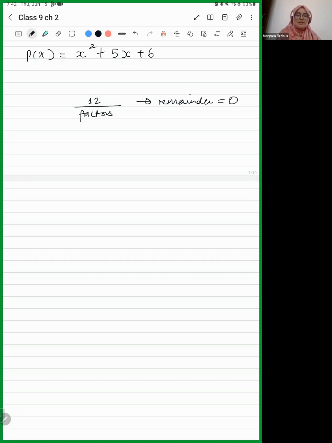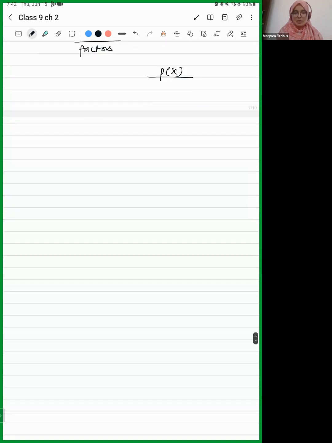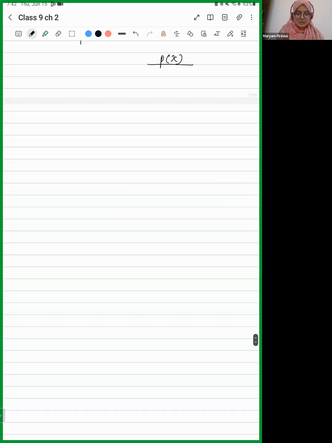So a similar thing we will see in polynomials, that let's say you have a polynomial over here, and if you divide it with any of its factors, then the remainder will be 0, right? So what we see is, there is a theorem called the factor theorem. Okay, let us see what the factor theorem is. Please write it down.